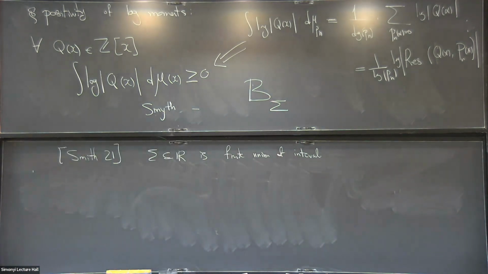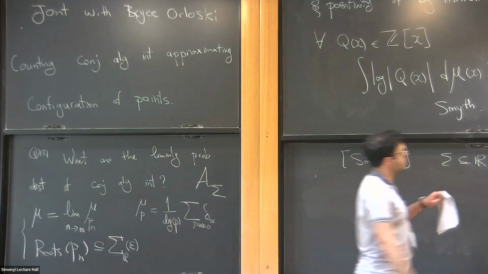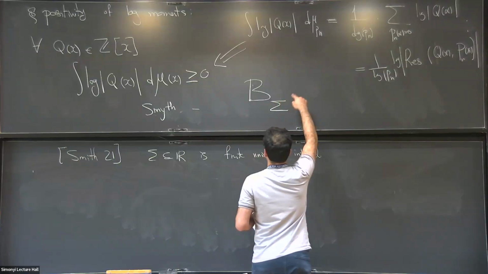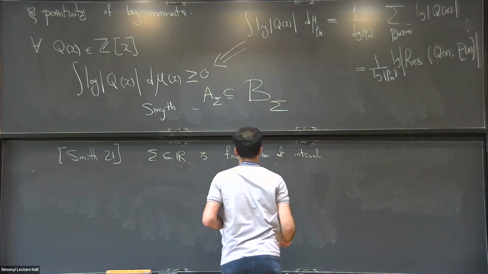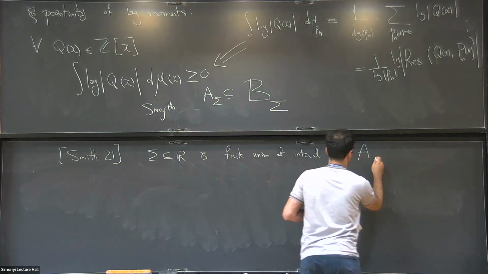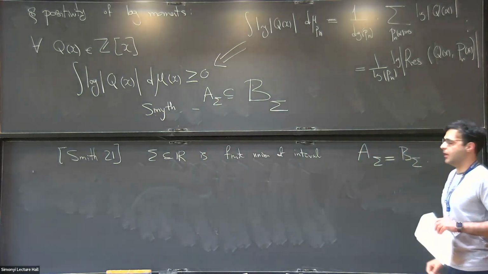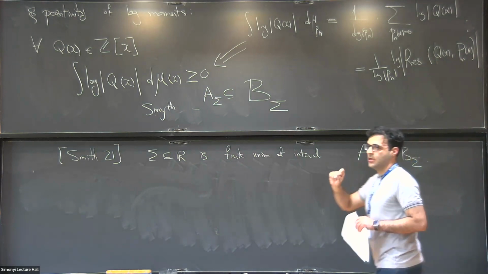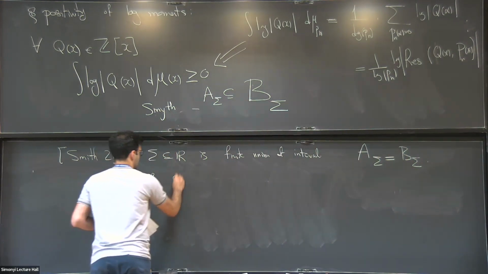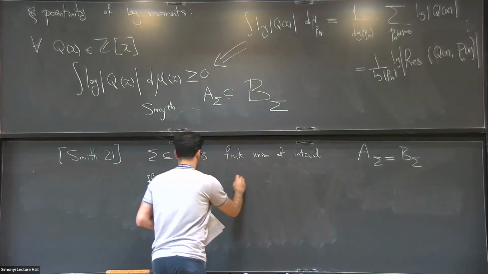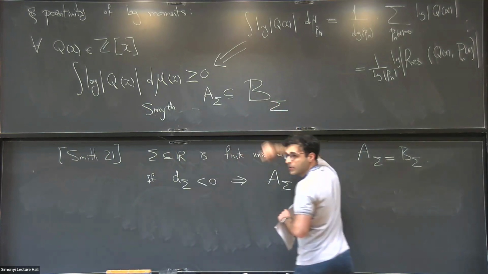Let's call the arithmetic measures A sigma. So Smythe basically proved that A sigma is contained here, and Alex Smith proved the other way around. And basically sigma has capacity bigger than 1. I mean, if the capacity of sigma is less than 1, then both sets are empty. Yeah, that's important.